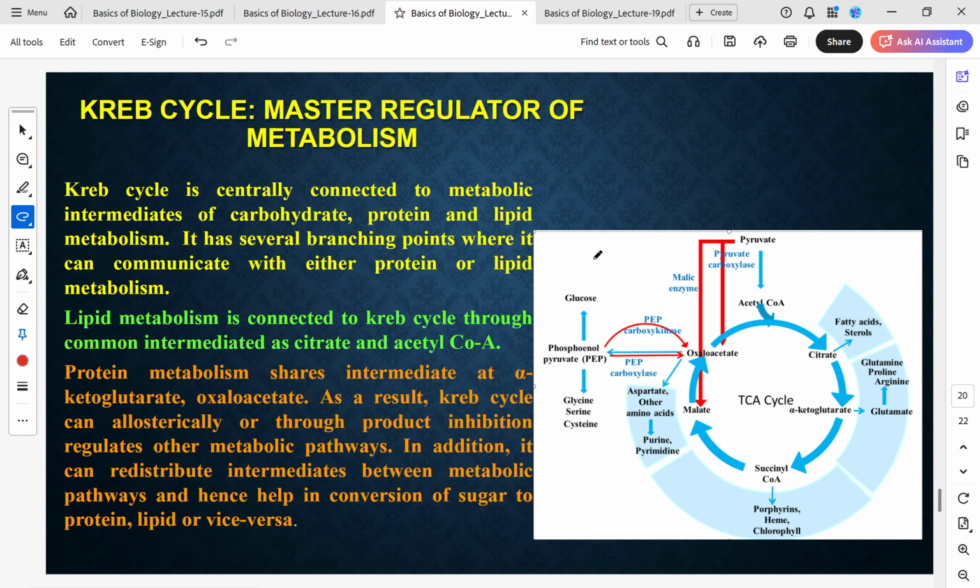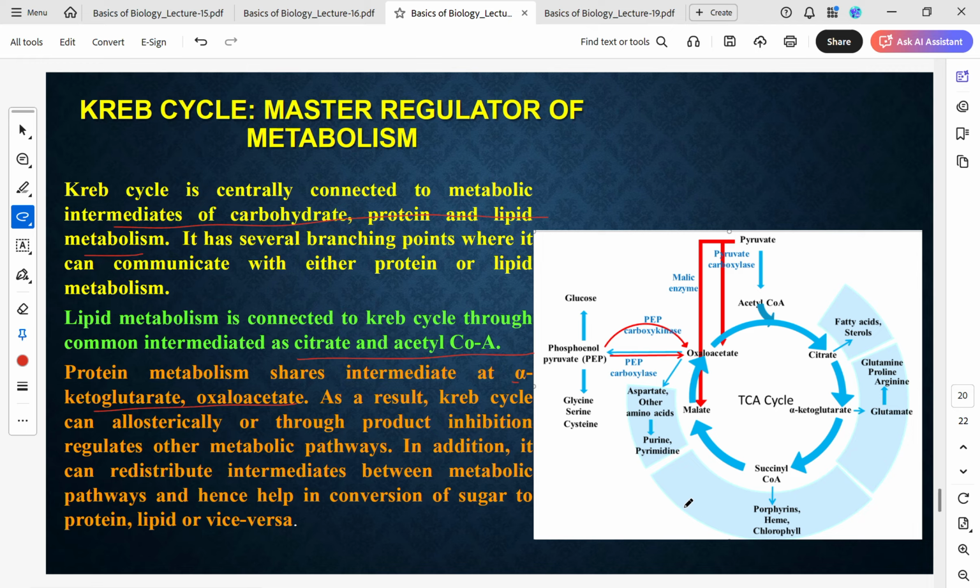So Krebs cycle is centrally connected to a lot of metabolic intermediates of carbohydrate, protein and lipid metabolism. There are several branching points where the intermediates of Krebs cycle go into other metabolic intermediates or communicate with the other metabolic pathways. Lipid metabolism is connected to Krebs cycle through citrate and acetyl coenzyme A. Protein metabolism shares intermediates at alpha ketoglutarate and oxaloacetate.